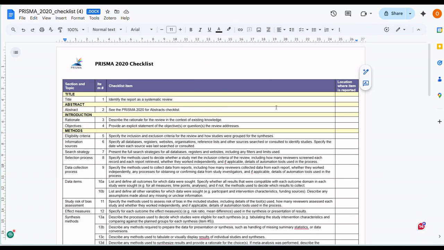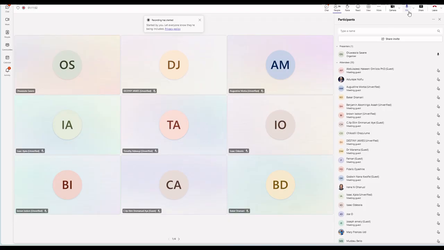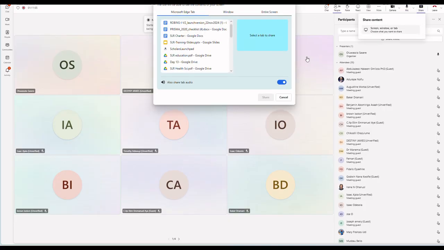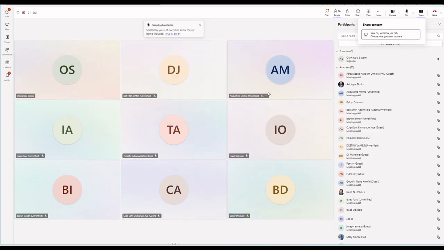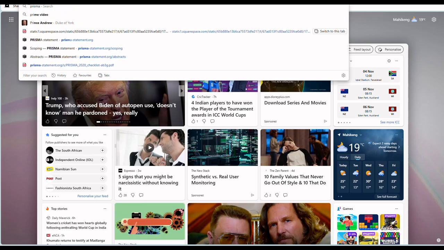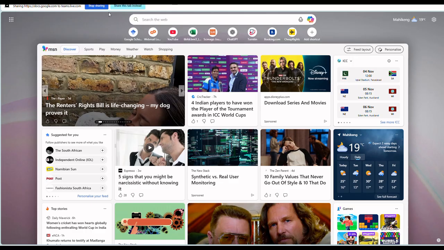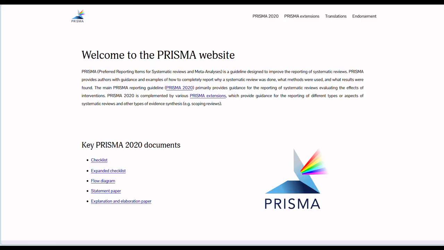Let's look at it. Okay, if you want to have access to these materials, let me go to PRISMA. We can visit the PRISMA website, and we will see how all of these fit together.